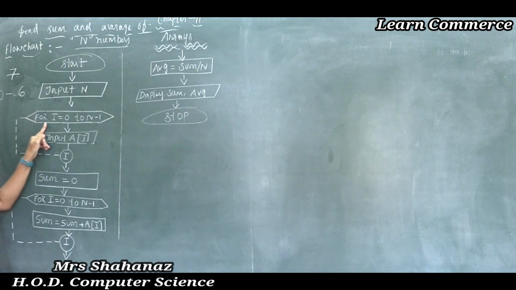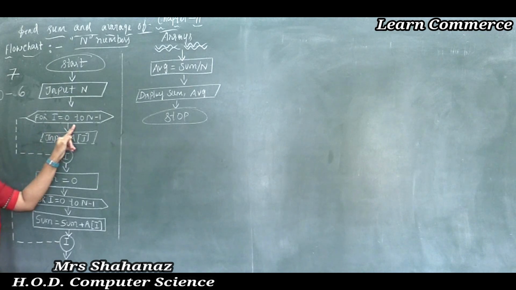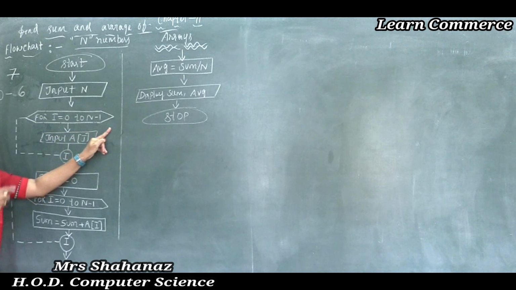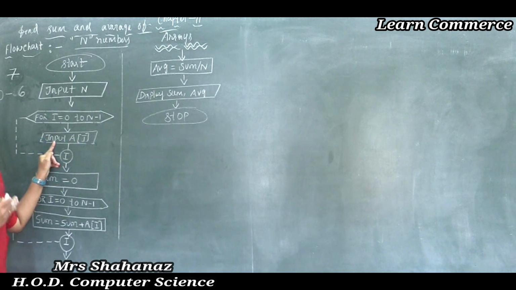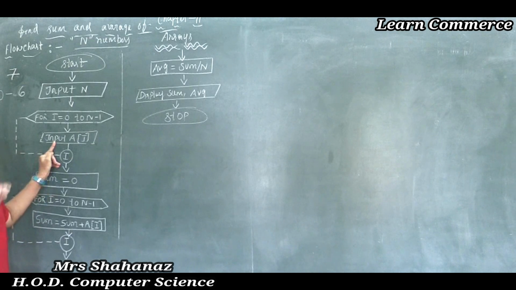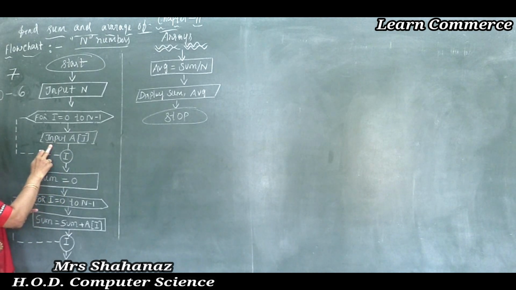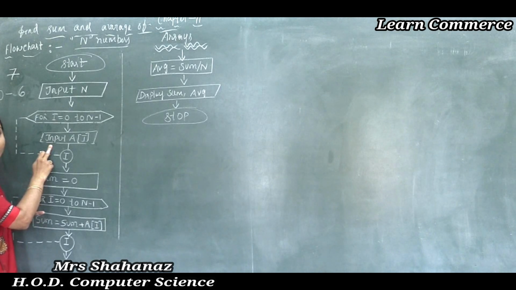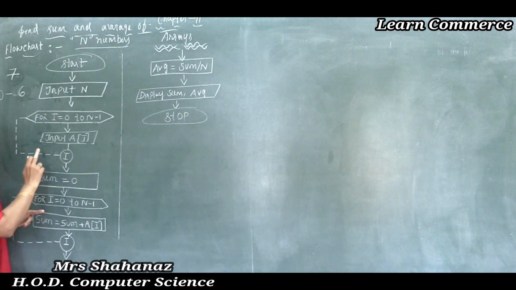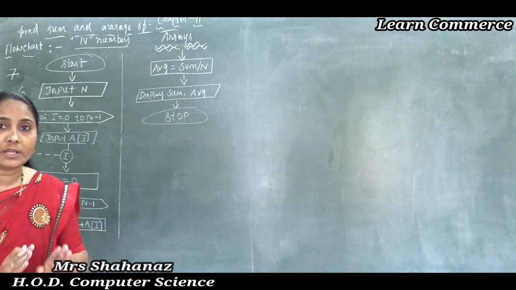So here I just completed for i is equal to 0 to n minus 1, one by one going to access the element here, and next, whatever element we access from whichever position, it is going to input the value to that position. That means we need to use the input a of i, by using the symbol input a of i. So clear this point here.